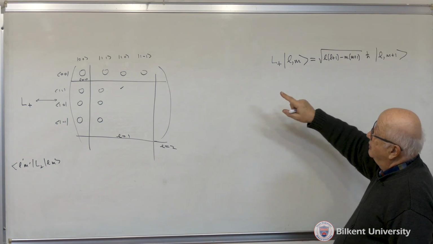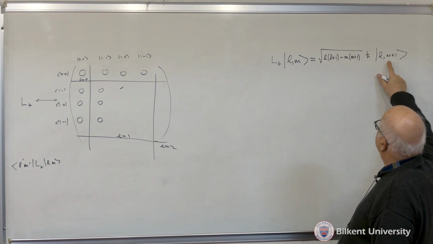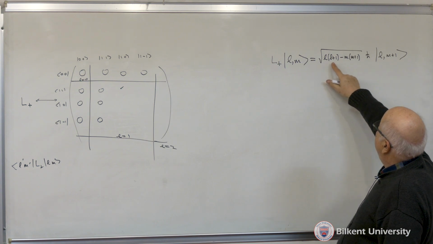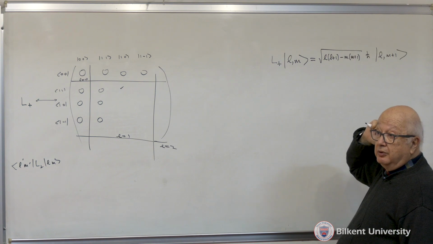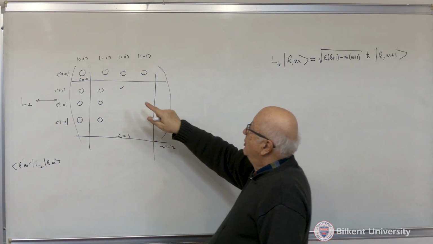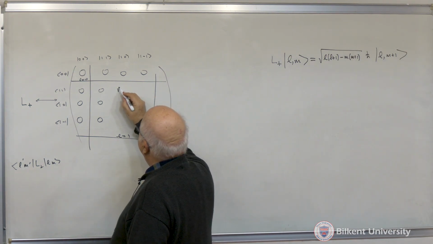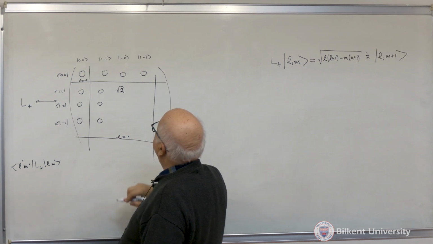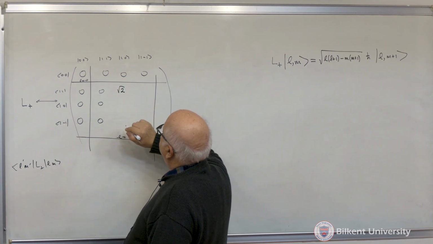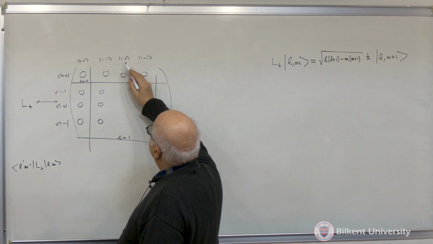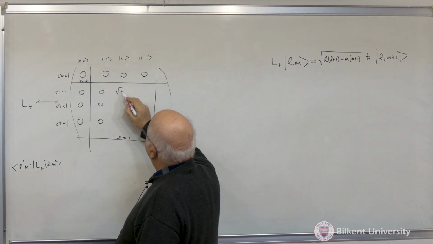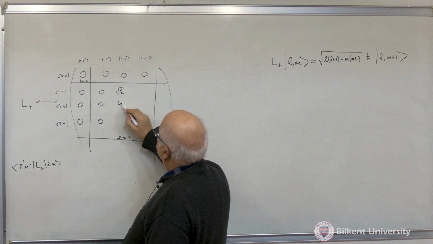So this is going to give me, careful, square root of 2, times the other one. Oops, I put it on the wrong place. This is 1, 0, 1, 1, no, this is correct. Square root of 2, and everything else is 0.